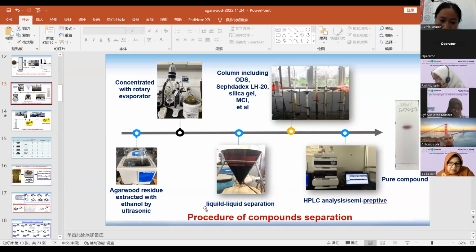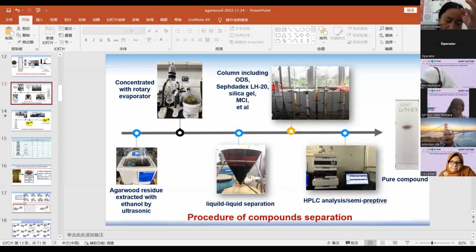Then we use liquid separation. Usually we use petroleum ether, then ethyl acetate, and then butanol. The polarity of these three solvents is very different.